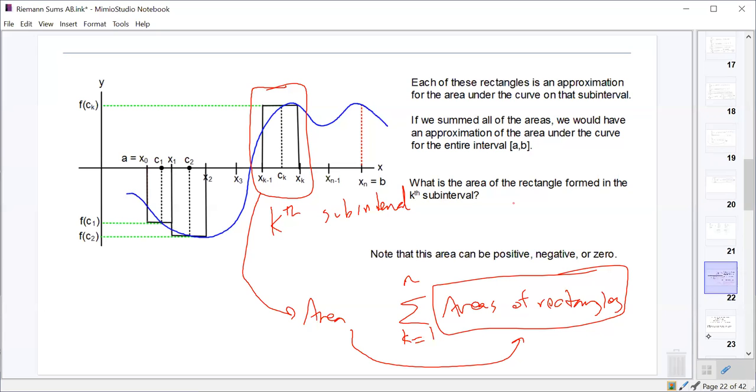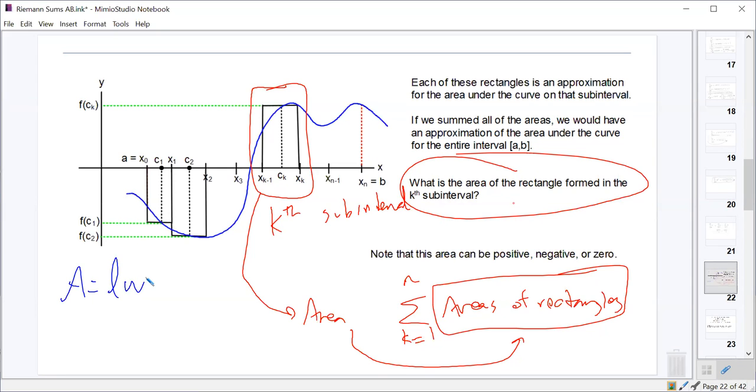So let's write out a formula for the area of the rectangle in the kth subinterval. So that area, it's a rectangle, so it should be length times width, or base times height, or whatever you want to call it. What is the length? It goes from x sub k minus 1 to x sub k.